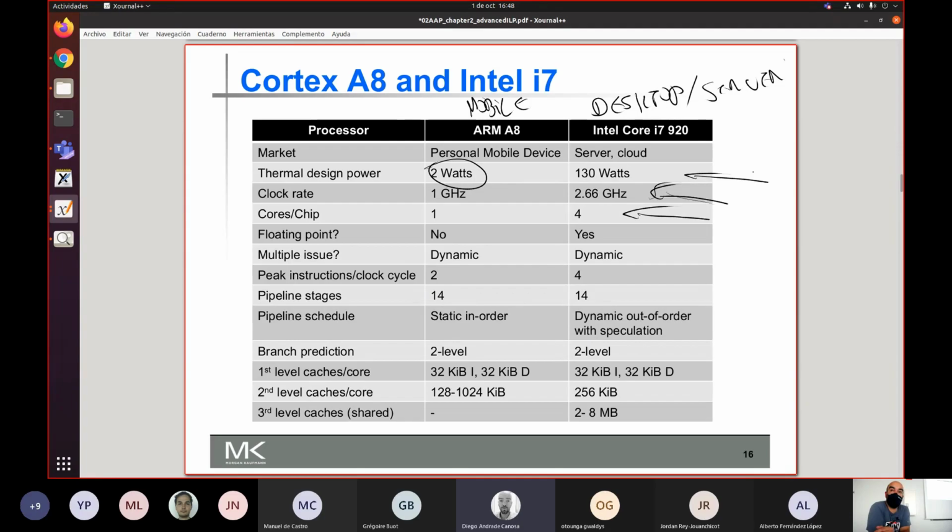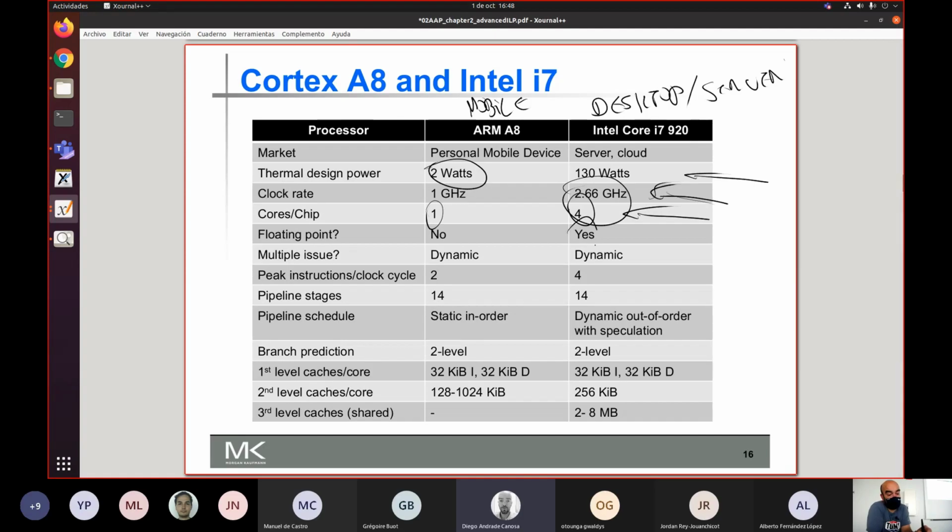Also, one of them has a single core, although this is not the norm nowadays, and the other has 4, okay? One of them has support for floating point operations, the other doesn't. The length of the pipeline is more or less the same, 14 stages, okay?